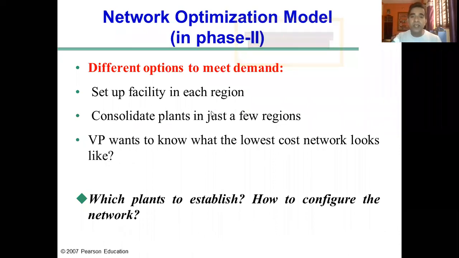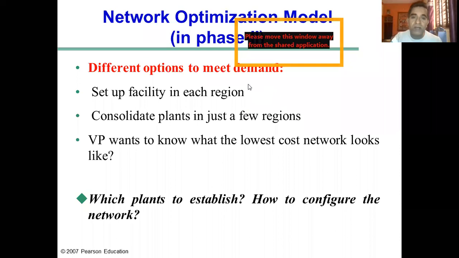The company can have larger capacity plants and a fewer number of facilities in a few regions. If the company chooses the option of opening a facility in each region, they need to go for lower capacity facilities.